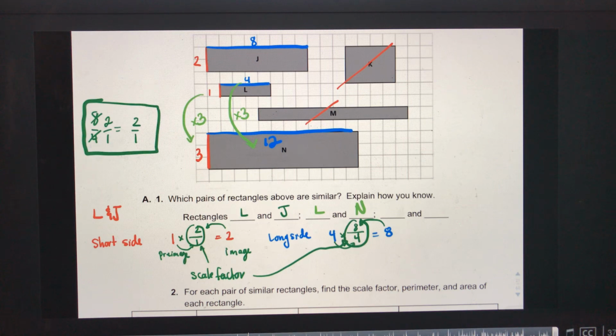Now it says one more. Well, I've paired this one and this one and this one. So what that means is if these two are a pair and these two are a pair, therefore this one and this one are also a pair.